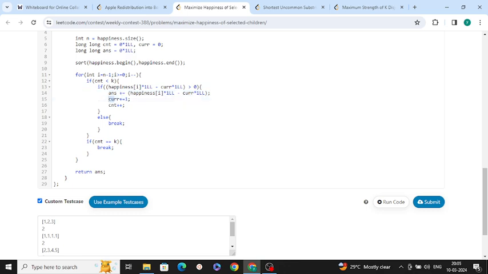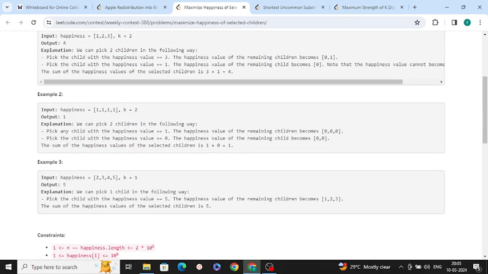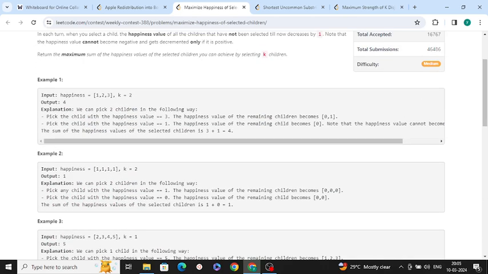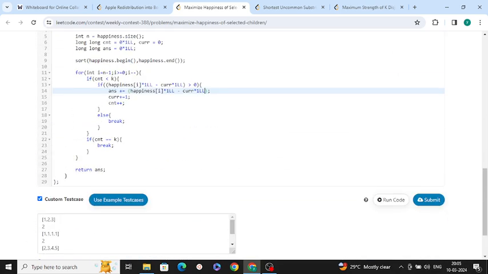This stores the current value. Let's say we are at 2, so we decrement it 2 times. The reason is that whenever we took 3, it was decremented, and then when we are at the next one, it is decremented once only, right? For that we are maintaining the current one. At last we return the answer.